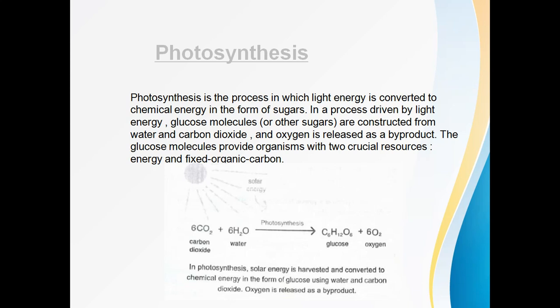We have discussed the chloroplast, the cell organelle which is present in the mesophyll cells of the leaves of the plants. Chloroplast contains a pigment called chlorophyll. That pigment will help in photosynthesis in the green plants.